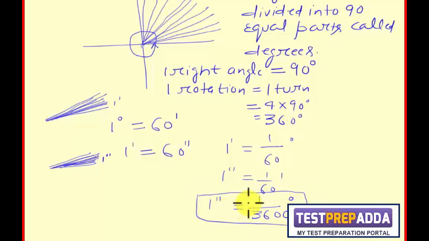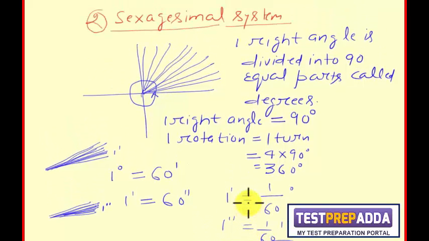The important point here is what? One right angle is 90 degree. One complete turn 360 degrees. 1 degree means 60 minutes. 1 minute means 60 seconds.